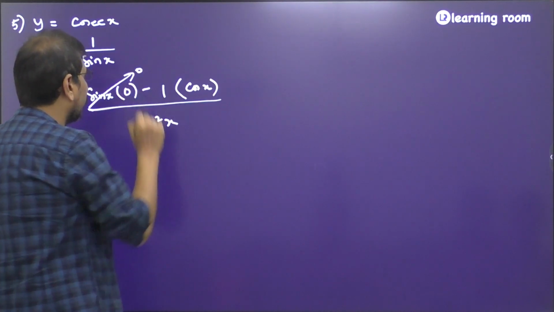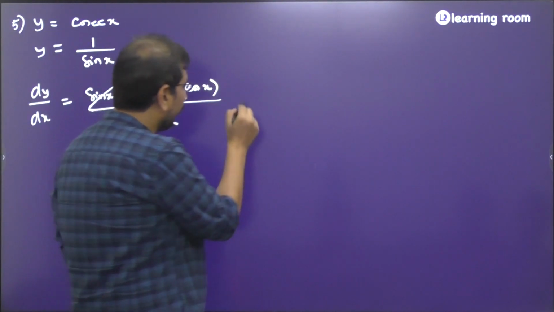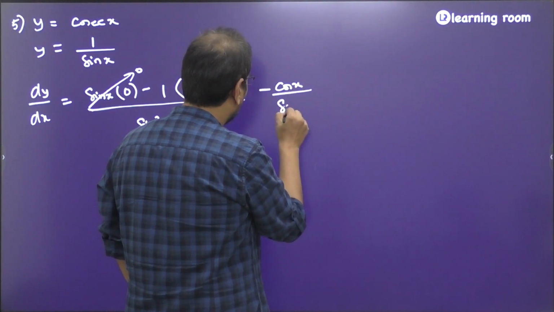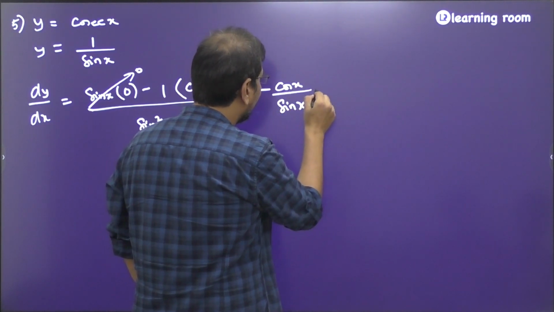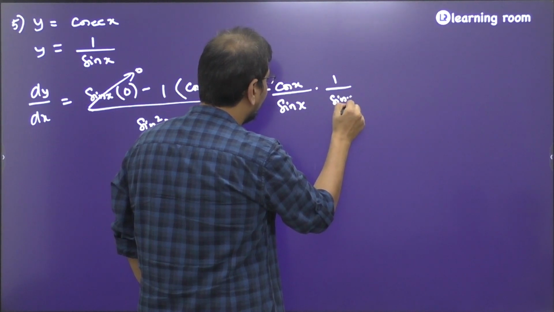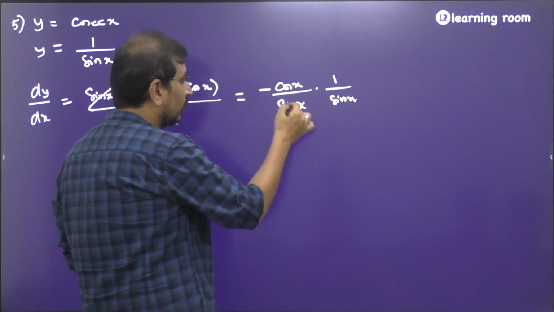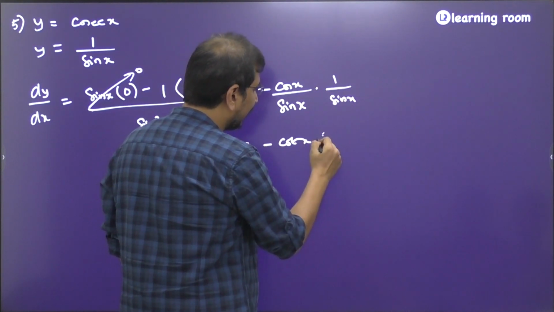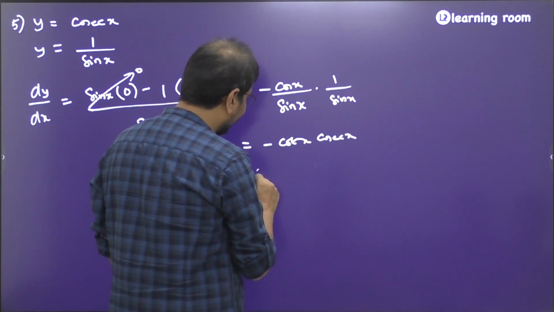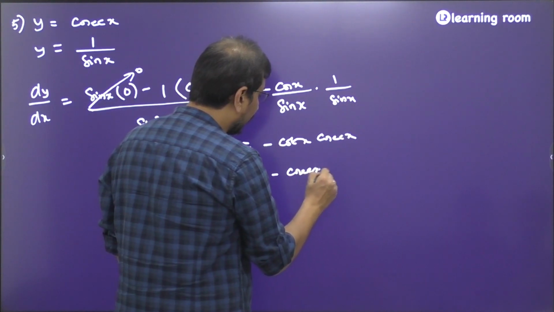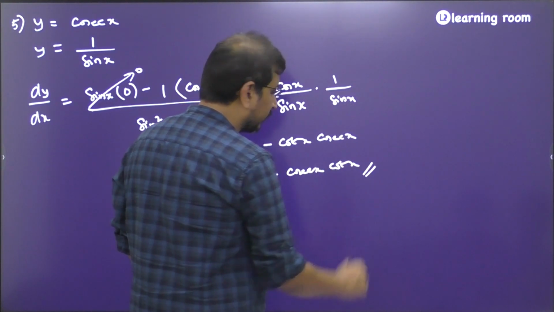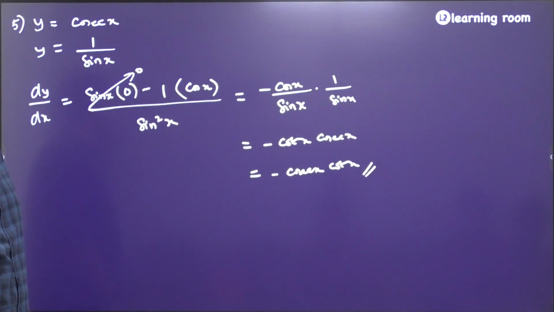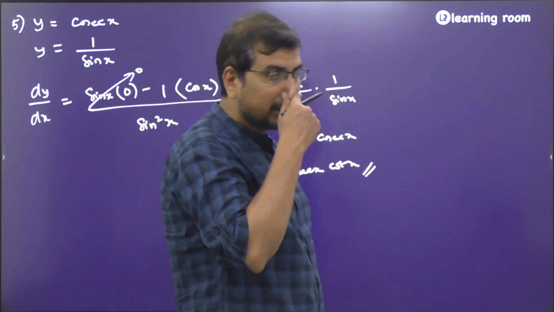This value is 0, so it is going to be minus cos x divided by sin square x, which I'll write as cos x by sin x into 1 divided by sin x. So cos x by sin x is cot x, 1 by sin x is cosecant x. So you would have learned this as minus cosecant x cot x. This is the reason why you got it. Am I clear with this?